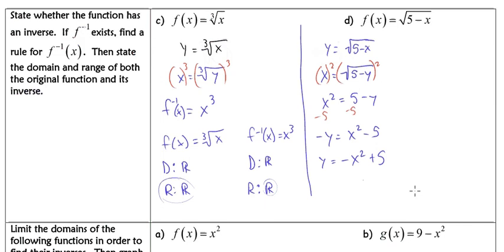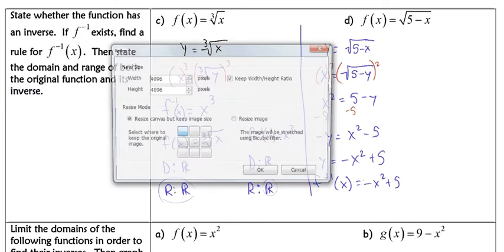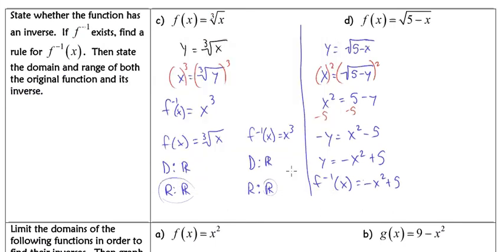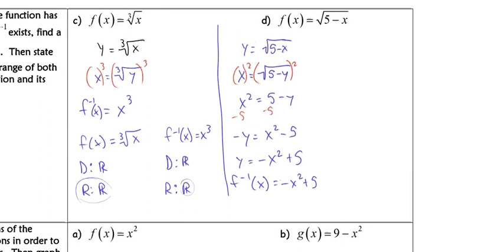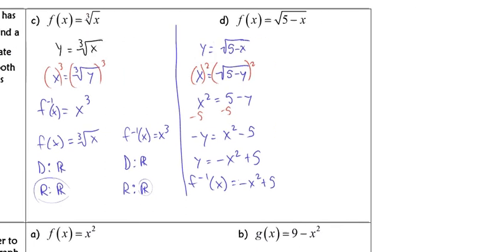Remember it really is f inverse of x is equal to negative x squared plus 5. And there's our inverse. We've written our rule. Now state the domain and range of the original function and its inverse. So let's go ahead and do that now.